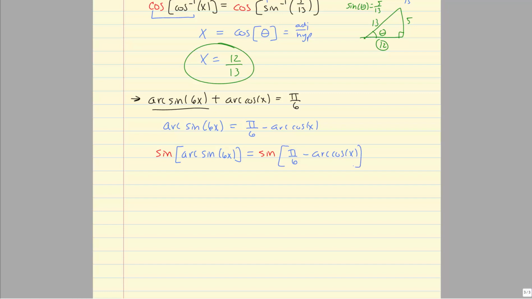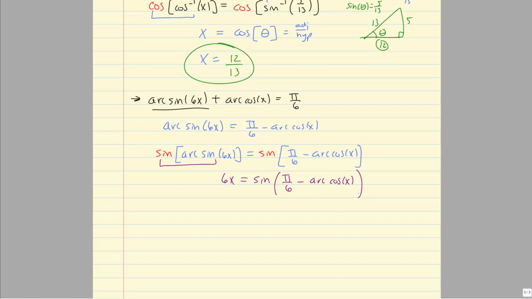Okay, so we just took the sine of both sides. Now the sine and the arc sine are inverse operations of each other, so they undo each other. So I'm left with 6x on the left, and then on the right I'm left with the sine of pi over 6 minus the arc cosine of x.